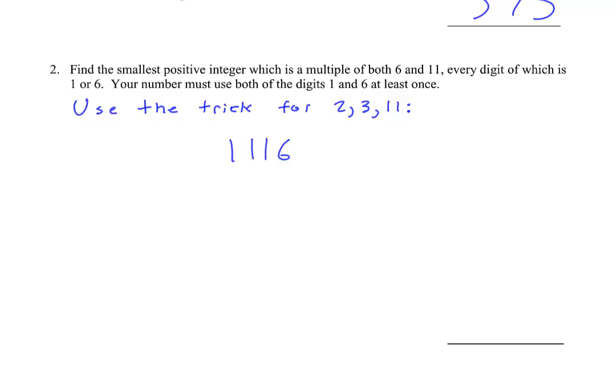Now, 4 digits is the absolute minimum. We can't move the 6, and we can't actually move the 1s anywhere because the 6 has to be pushed to the far right. And if we have one 1, we have to have 3 1s. So our number has more than 4 digits. So 11 does not work with this number.